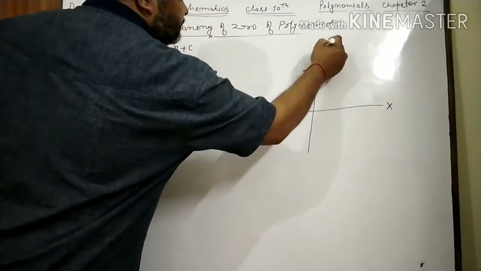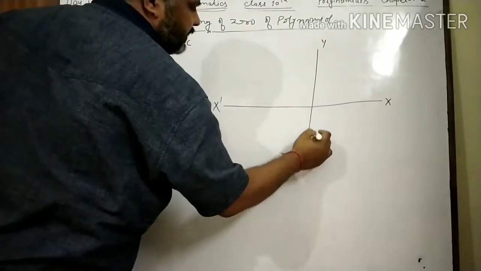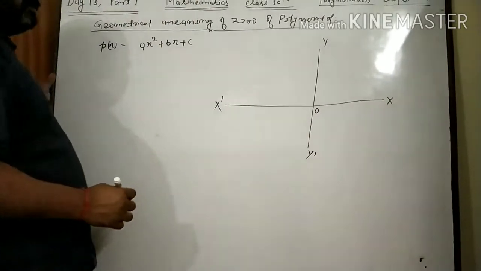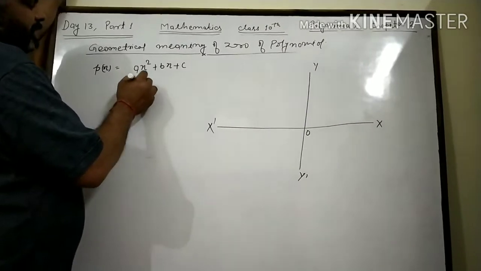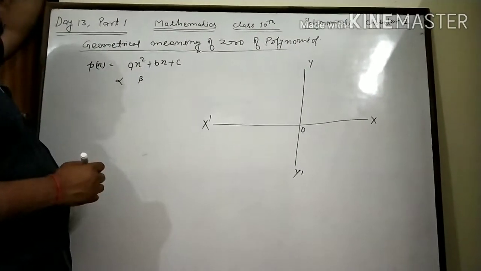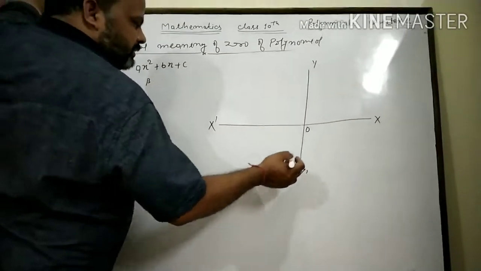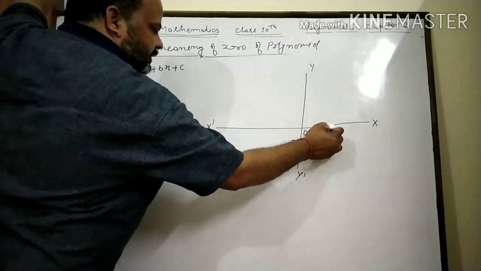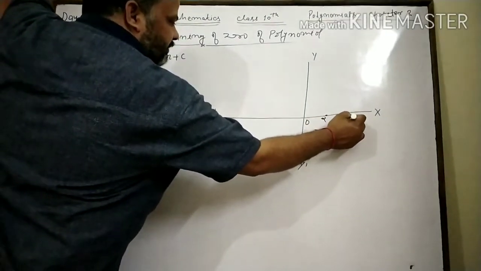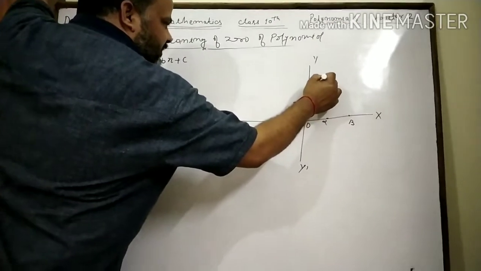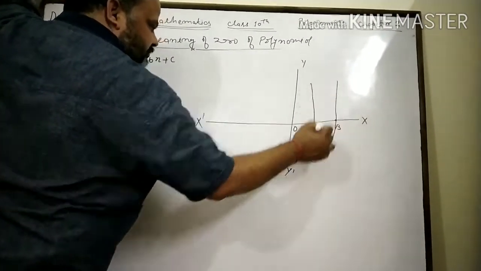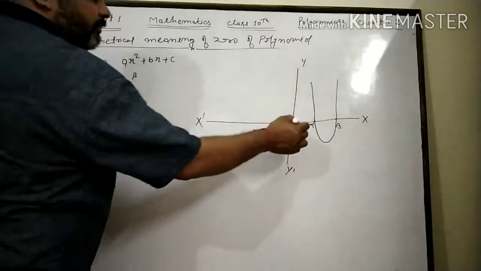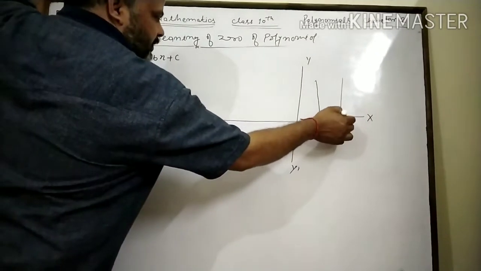X dash, y dash, origin. Clear? Then it has 2 zeros, alpha and beta. Suppose here is alpha and here is beta, then the graph of this equation is like this. It means one value is alpha and the other value is beta.